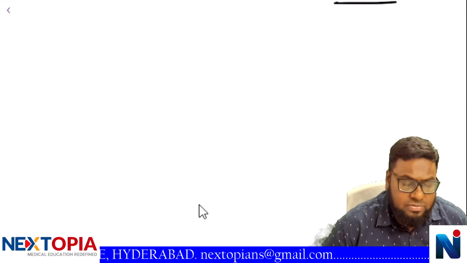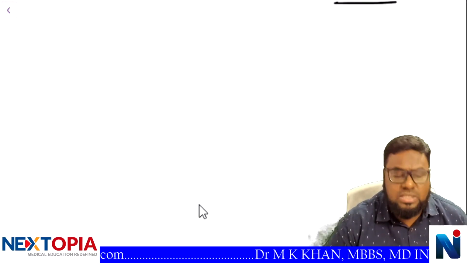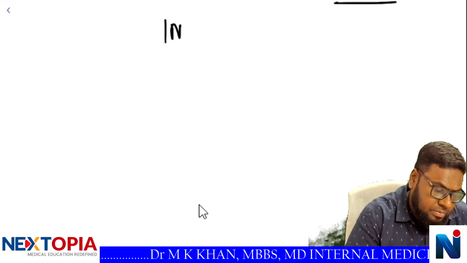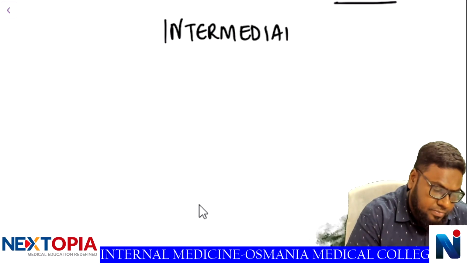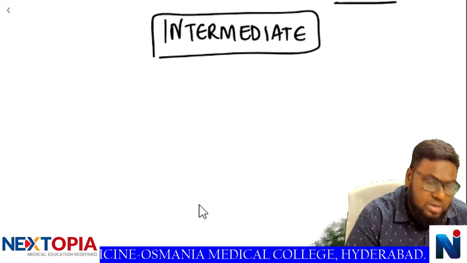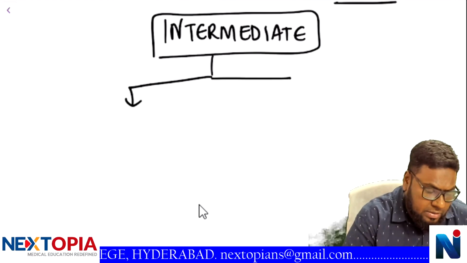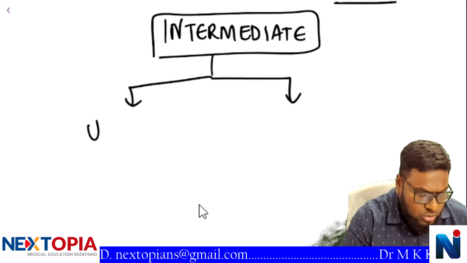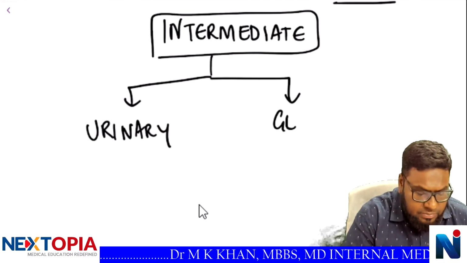Intermediate mesoderm gives rise to the intermediate mesoderm of the urinary and the genital system. So it helps in giving rise to the mesoderm of the urinary tract and the genital tract.